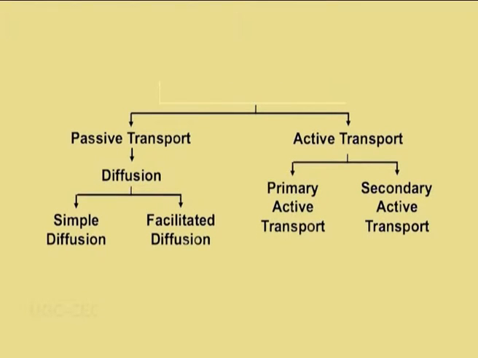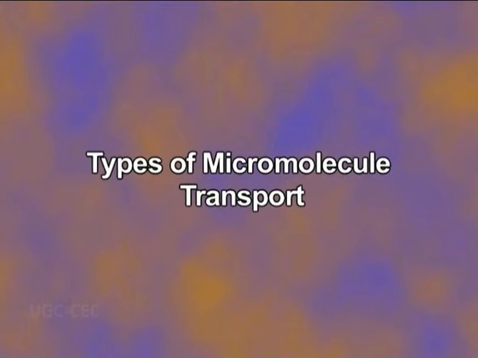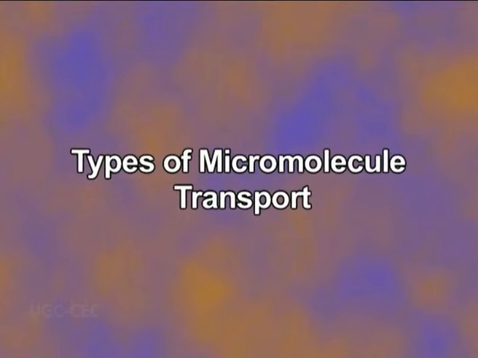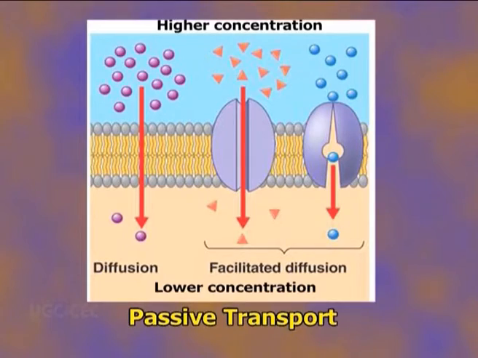Now, first we will see the different types of micromolecule transport. Depending upon the expenditure of energy required, the micromolecule transport can be classified into two types. Number 1, passive transport. It is movement of molecules from higher concentration to lower concentration across the plasma membrane, either spontaneously or by mediating some carrier protein, without expenditure of energy.